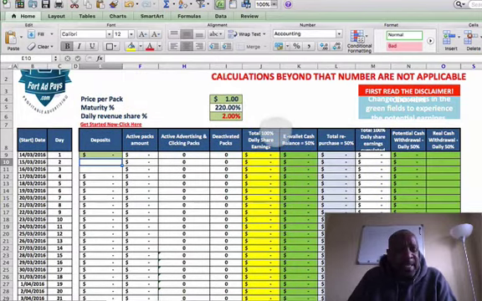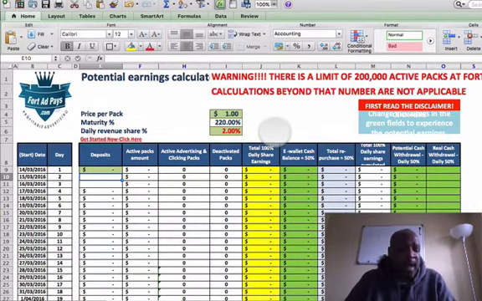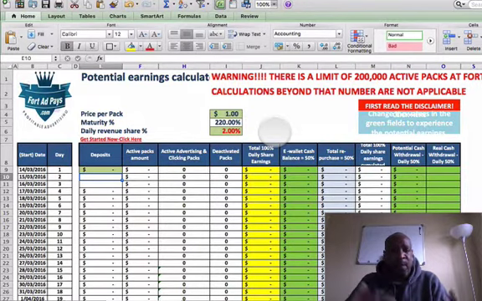The calculator is not the Fortadpays calculator, and they don't sanction it or anything like that. This is just a way to give you an idea of what can happen when you put certain amounts of money into the program and work the repurchase part of the program.